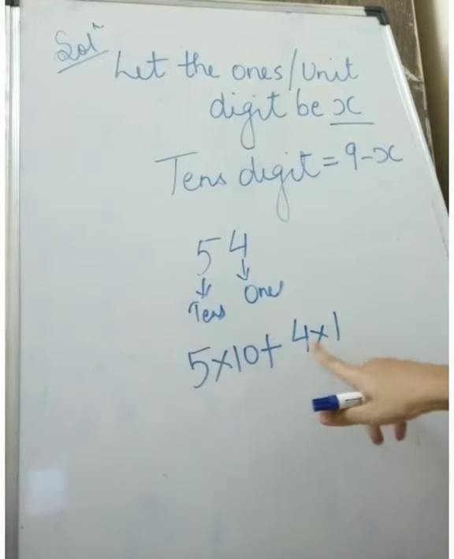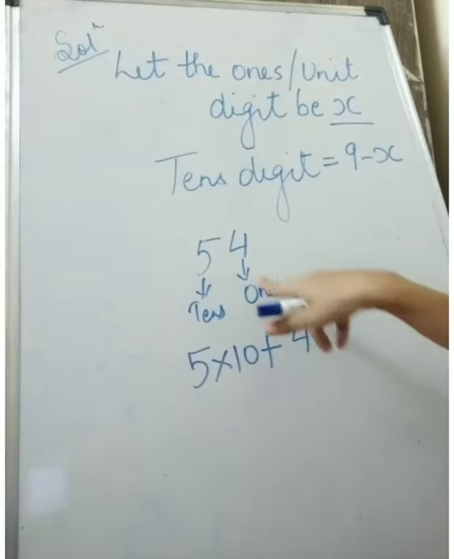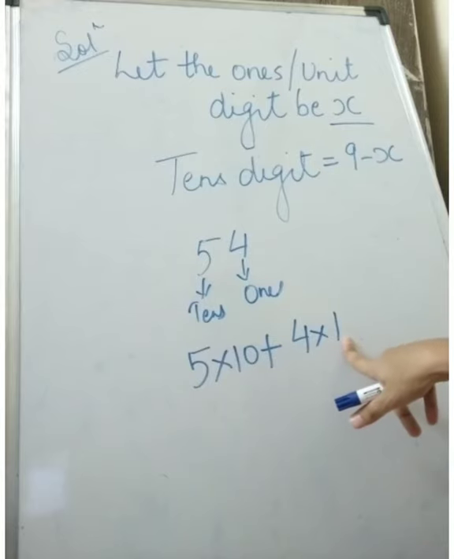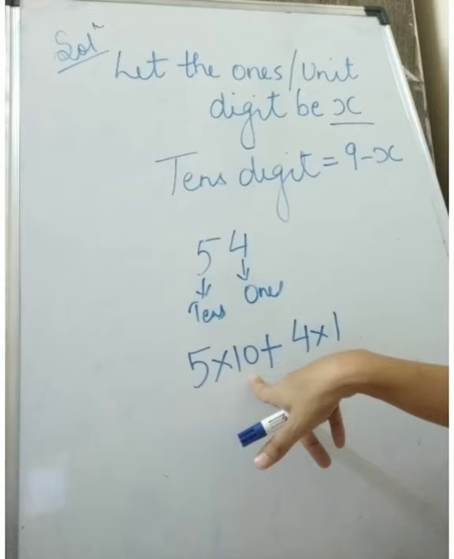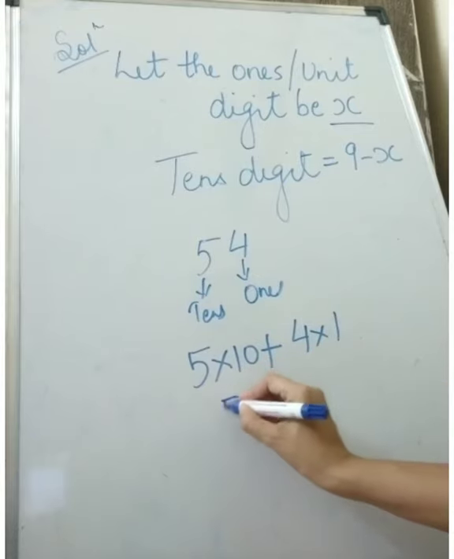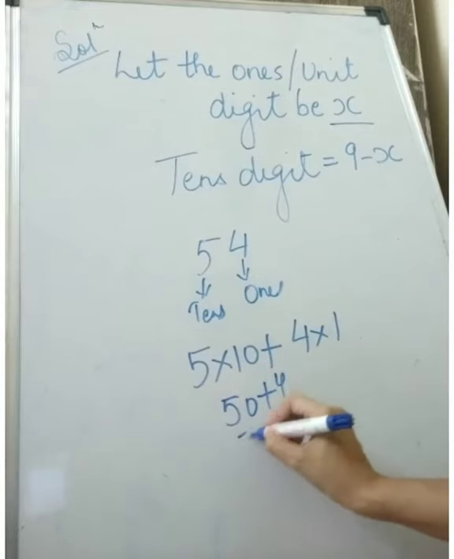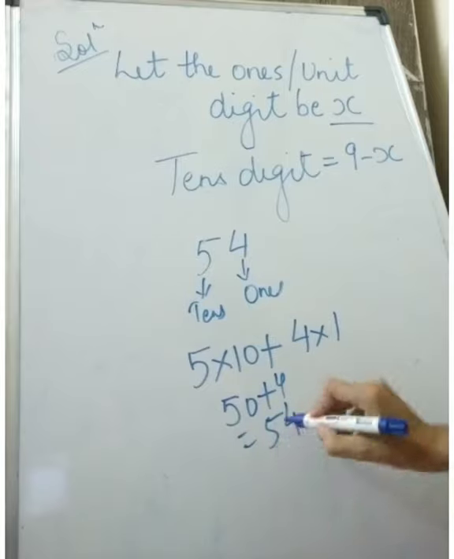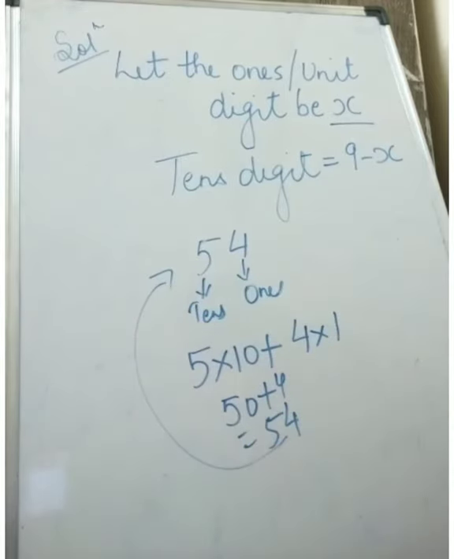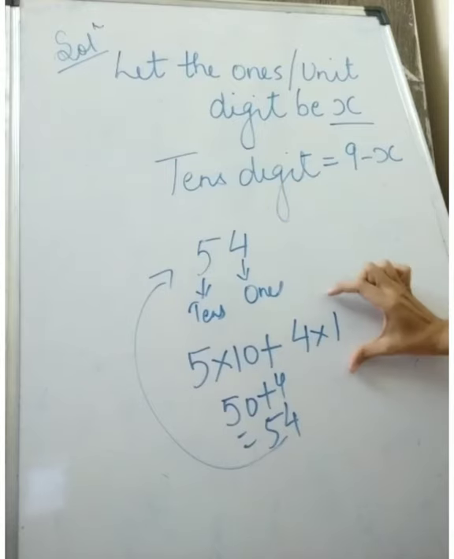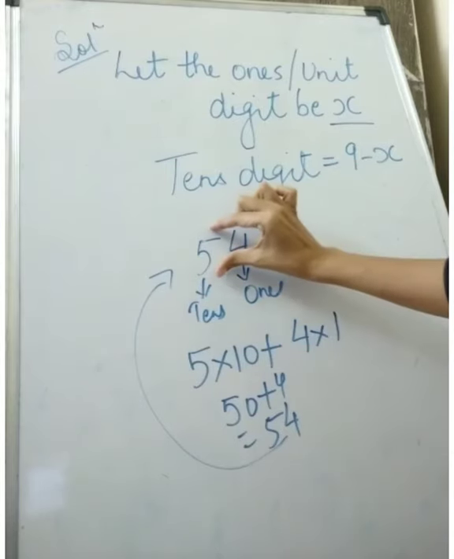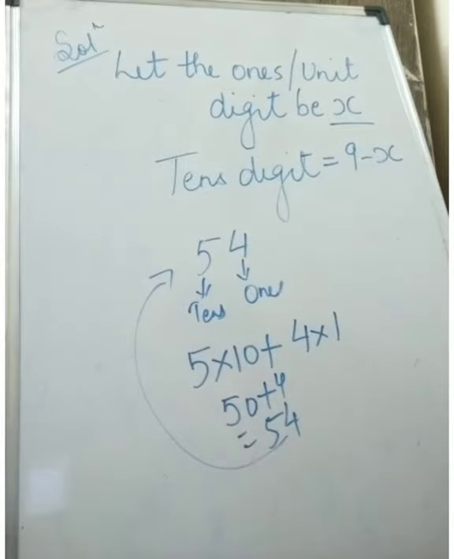Why have I multiplied 4 with 1? Because 4 is in the ones place, so I will multiply with 1, plus 5 which is in the tens place, so I will multiply with 10. So 5 tens are 50 plus 4 is equal to 54. Same number, only I have done the arrangement like this. So we come to know that the ones digit we will multiply with 1 plus the tens digit we will multiply with 10.